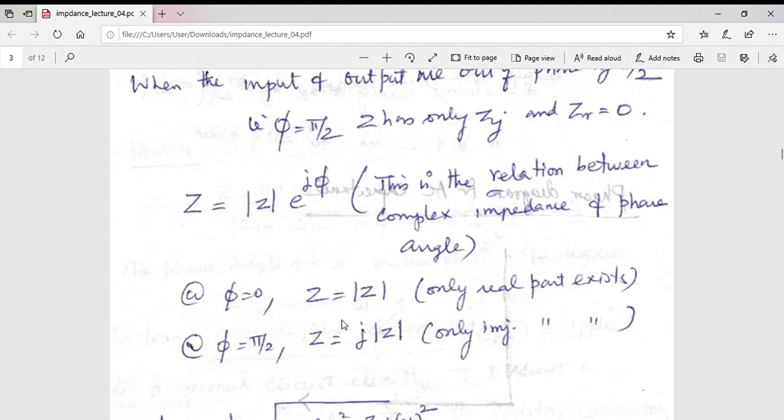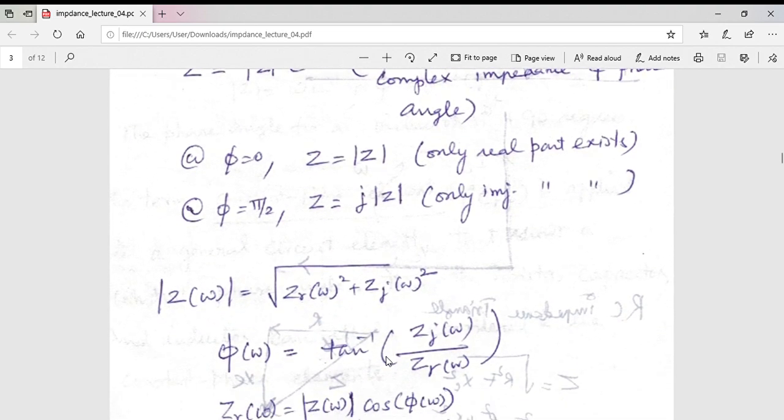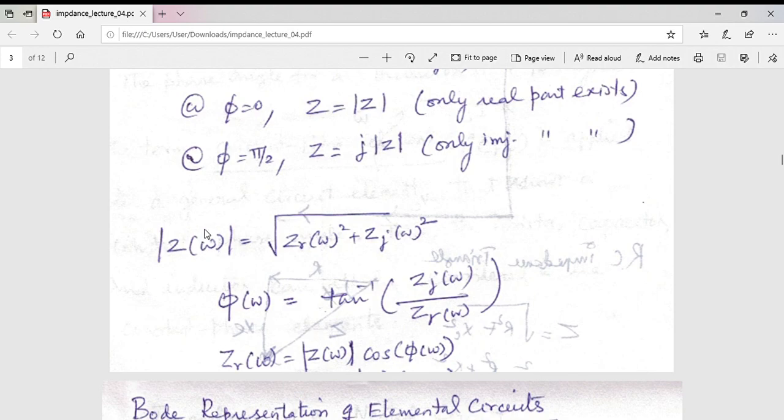And at psi equal to pi by 2, Z will be equal to j times the total Z. The impedance value can be written as the root of the real part squared plus the imaginary part squared. As I told you, the real part of the impedance is nothing but the magnitude of the total impedance Z times cos theta, that is psi, which again depends on the frequency whenever you have elements like capacitor and inductor.